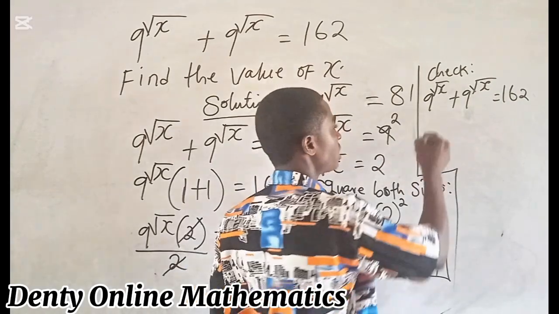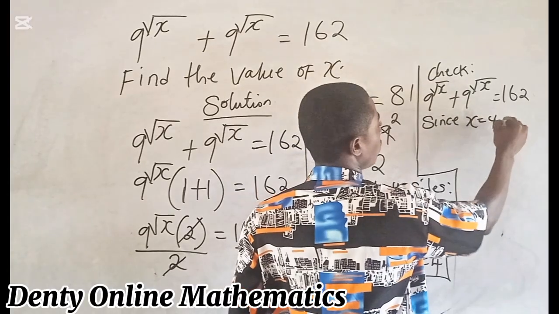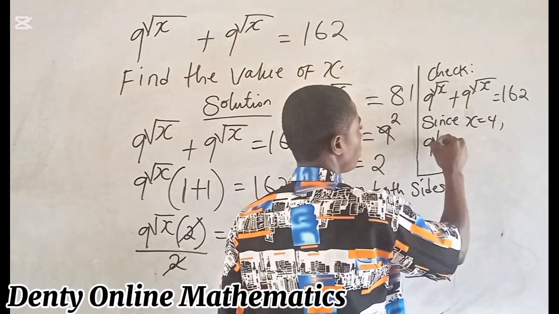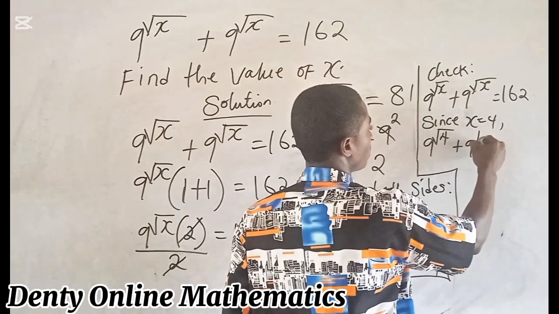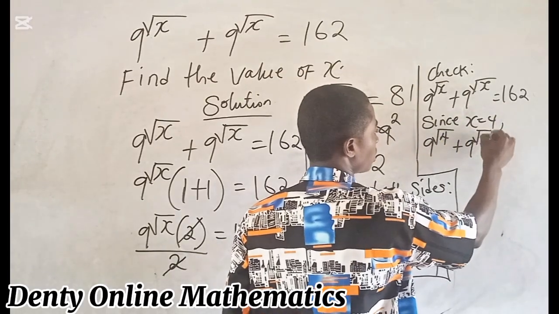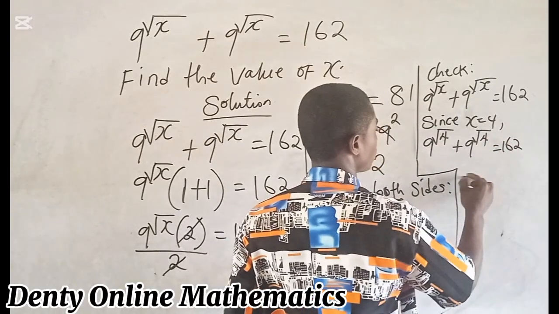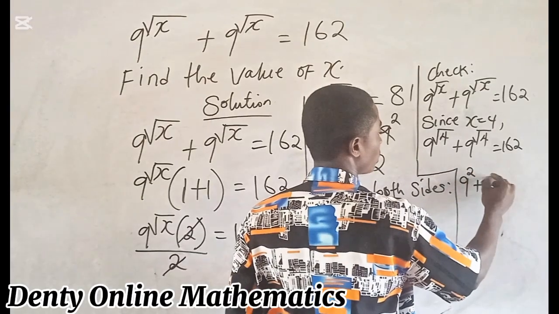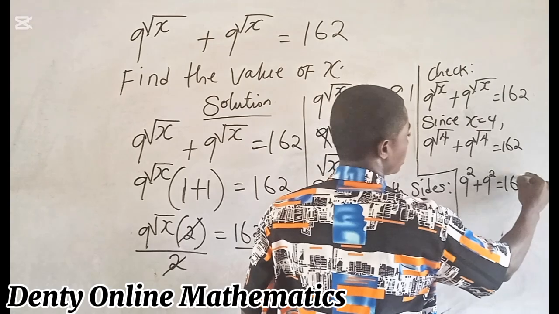You get? So since x is equal to 4, this will now mean 9 raised to the power of the square root of 4 plus 9 raised to the power of the square root of 4 equal to 162. Now this will give us 9 raised to the power of 2 plus 9 raised to the power of 2, since the square root of 4 is 2, equal to 162.